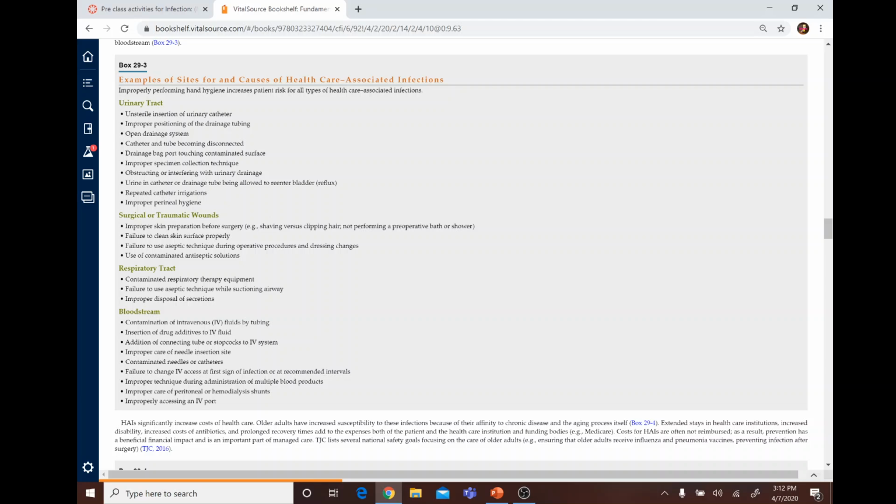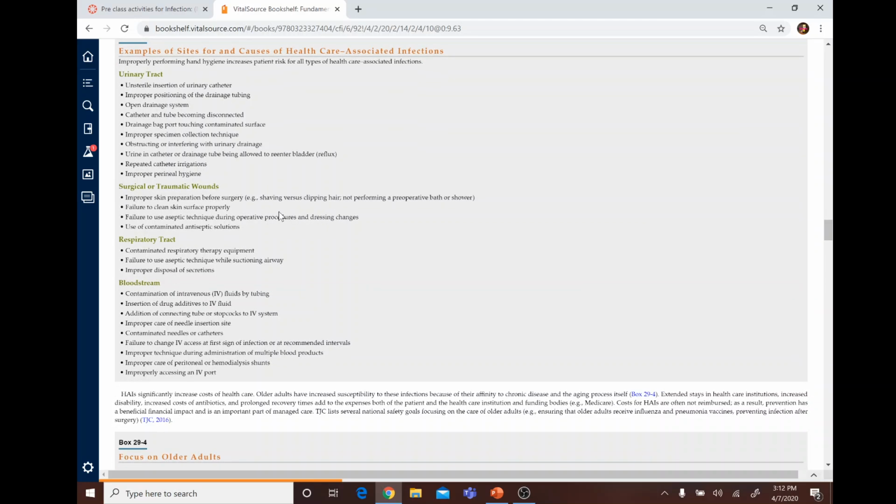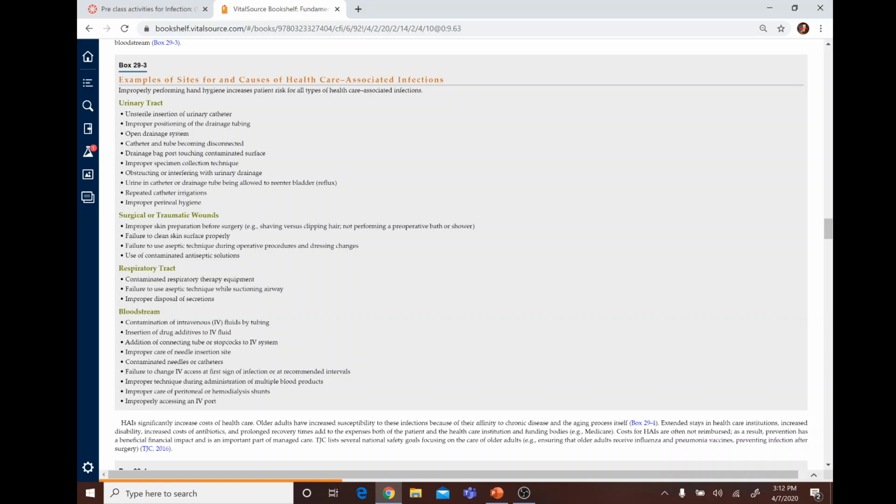What are some things that may cause HAIs in surgical or traumatic wounds? Improper skin preparation during surgery, failure to clean surface properly, failure to use aseptic technique during operative procedures and dressing changes, use of contaminated antiseptic solutions.